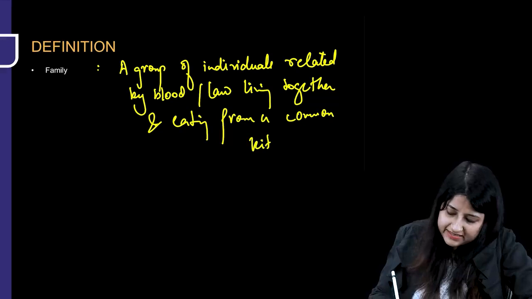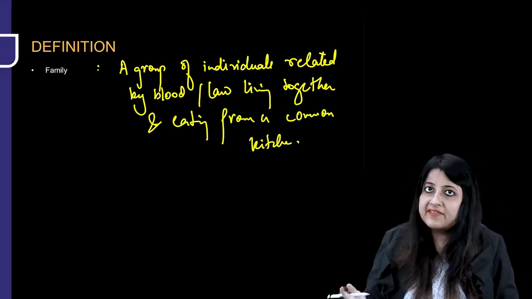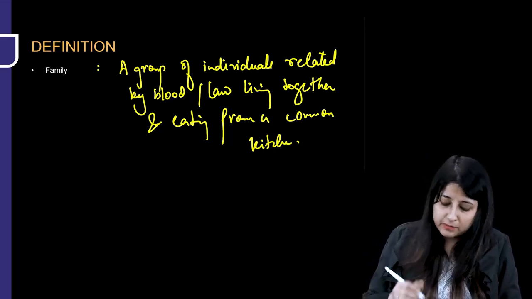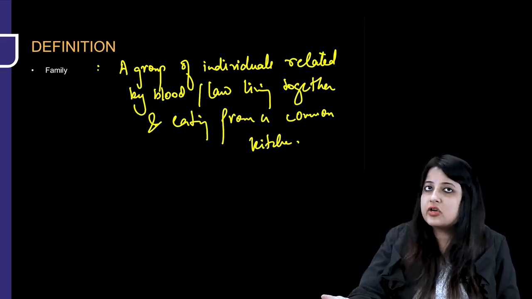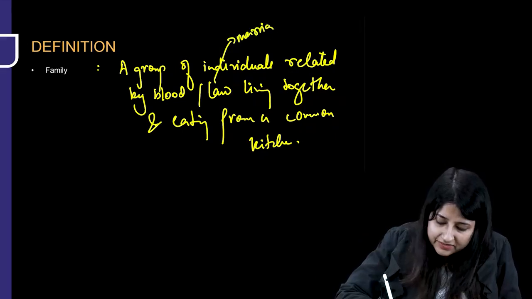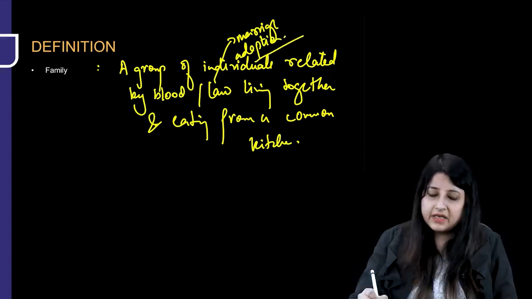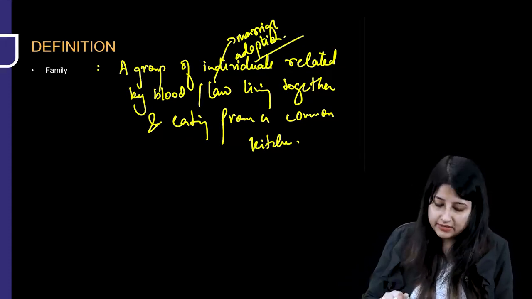This is a very basic definition. Blood means blood relation, your siblings. Law means how our parents are related, by marriage, or by adoption. Adoption is also an example of law.